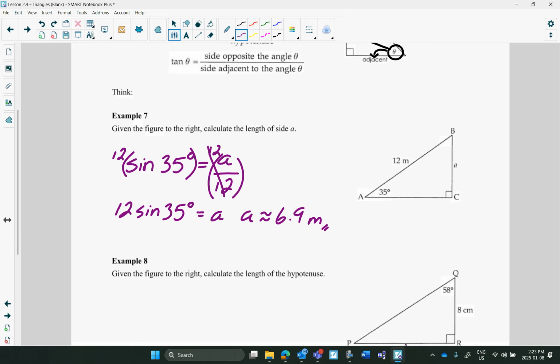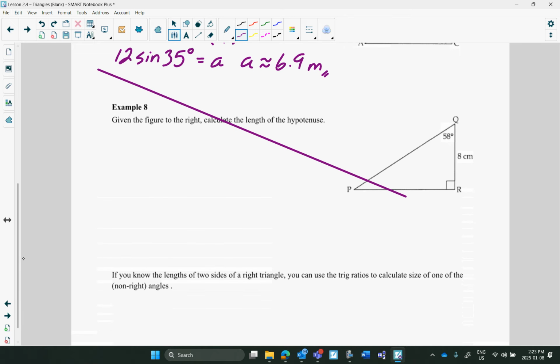Okay. For number 8. We are asked to find the length of the hypotenuse. Which one is the hypotenuse?